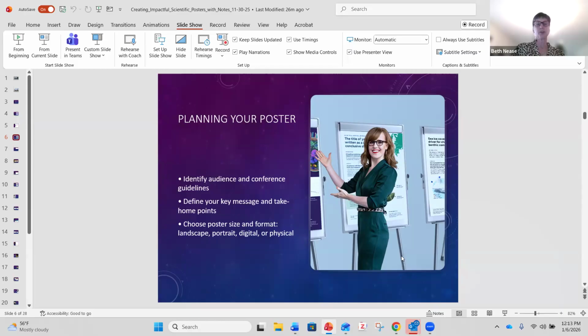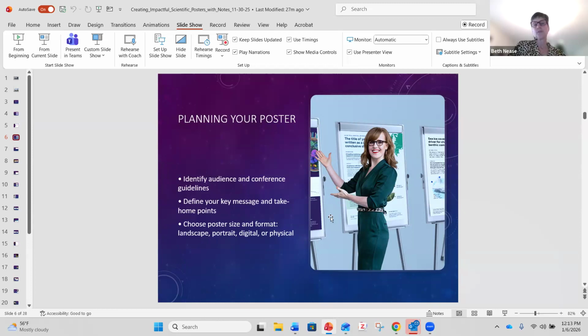So you want to make sure you're thinking about your audience, the particular audience at our conference, nurse researchers from the Southeastern United States. And you want to make sure that you're designing your key messaging and your take-home points.